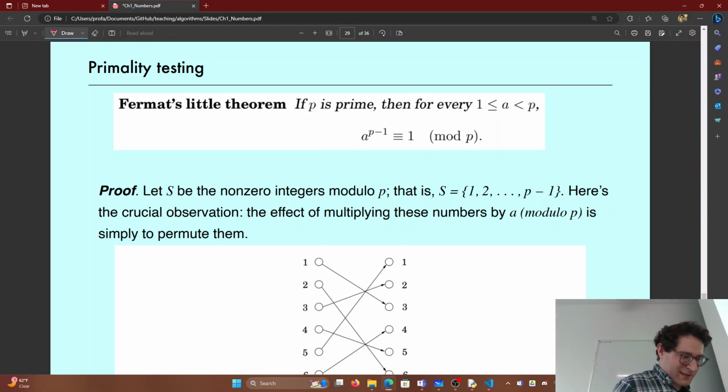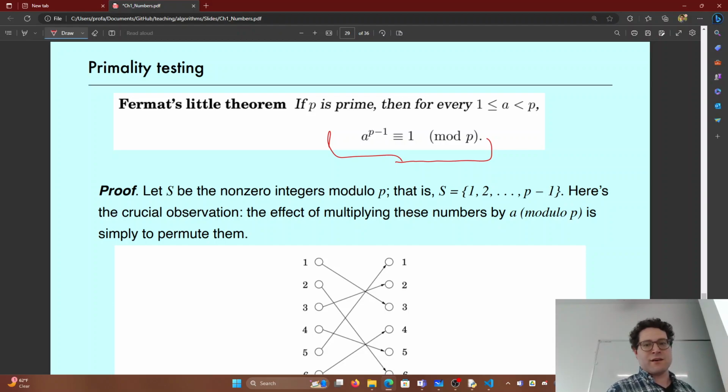Note that this is not inverted, right? This isn't the other way around, but we're going to play with it as though it is. This is an if-then, not an if and only if.